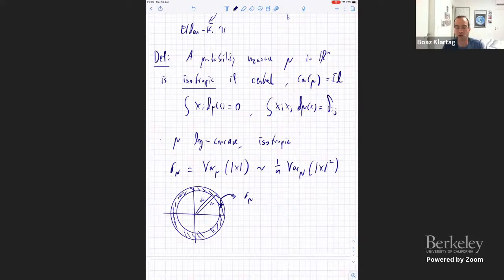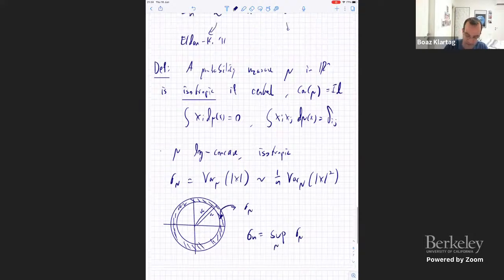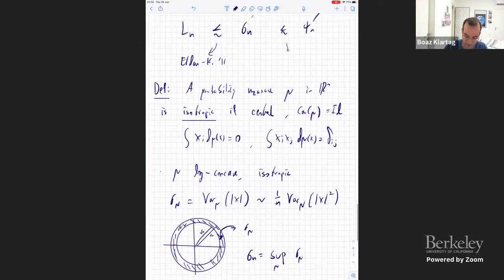So that's why it's called the thin shell constant. That's the thin shell constant of any distribution mu, and sigma_n is just the supremum of sigma of mu over all mu in R^n.